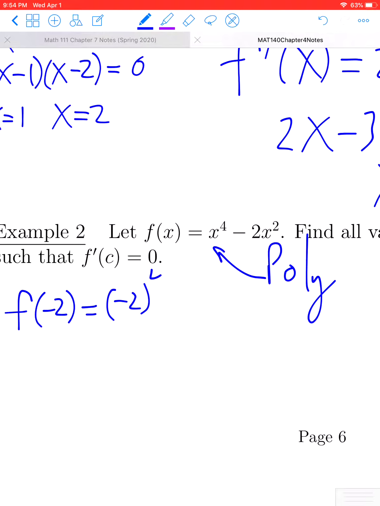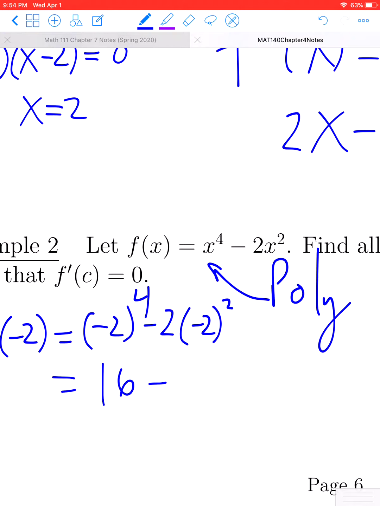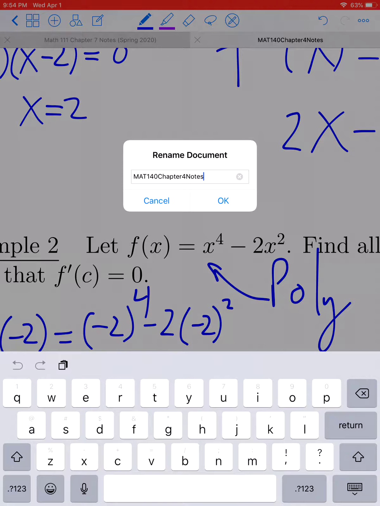This is -2 to the 4th minus 2 times -2 squared. This is going to be 16 minus 2 times 4. Oh, excuse me.